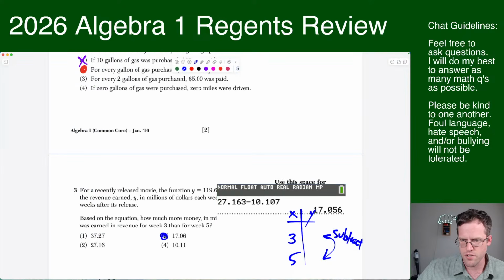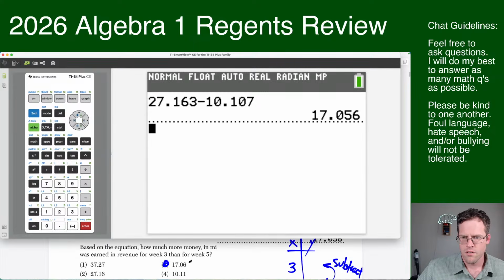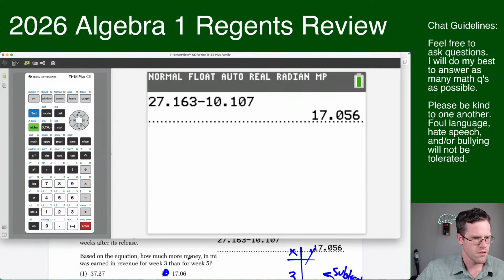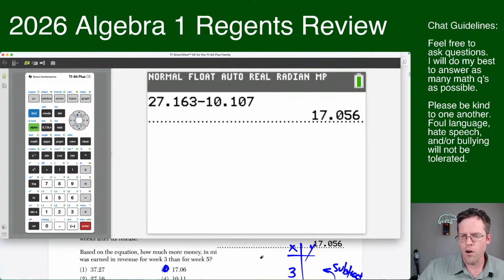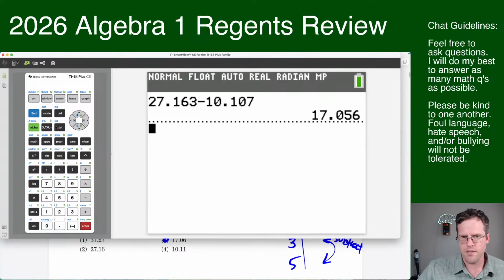I'm going to show you another magic trick. So you ready? More magic. So calculator magic. Just to show you, I subtracted the function values at 3 and 5.